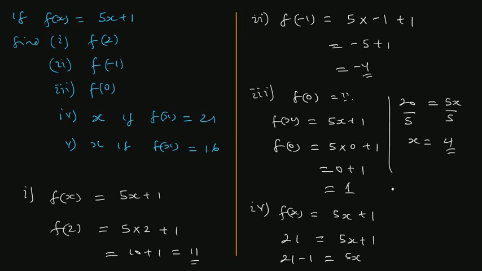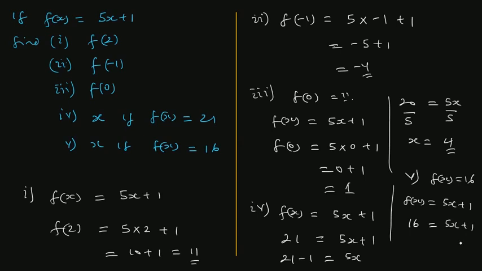We can do the same even for number 5, where they've told us that our f(x) is equal to 16. So from our function, which is 5x plus 1, we know f(x) as 16 equals 5x plus 1.